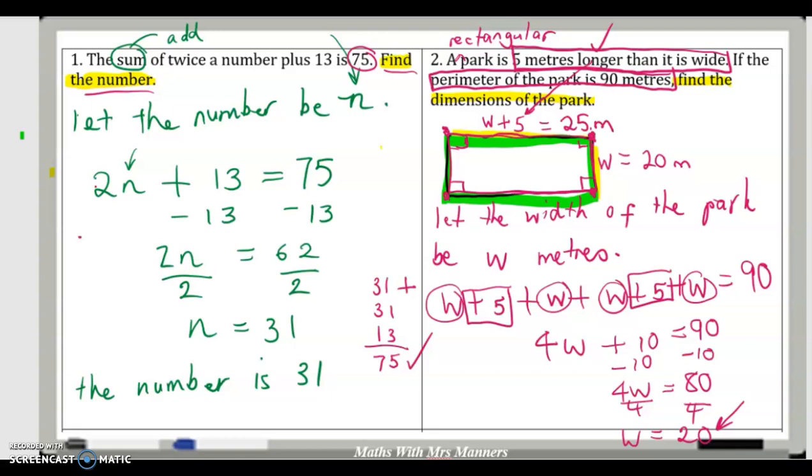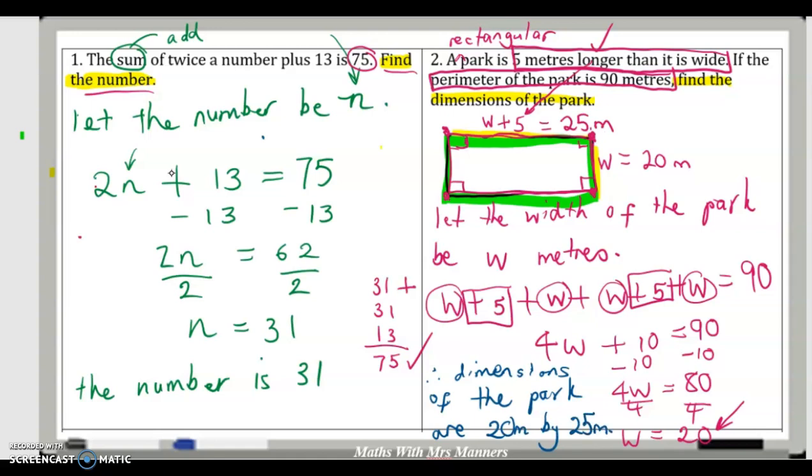So as I said before, a word problem requires a word answer, so we just need a quick little answer at the bottom. I've run out of room, so I'll fit it over here. So the dimensions of the park are 20 meters by 25 meters.